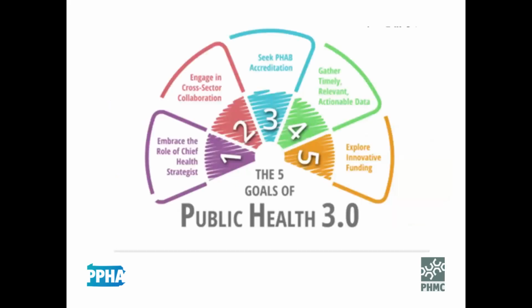The Public Health 3.0 report makes 5 recommendations for the implementation of Public Health 3.0. The recommendations describe changes that are needed to support local health departments as they work to transform governmental public health. We'll talk about each of the recommendations. The most important one is that first one, the Chief Health Strategist. That's the one we'll spend most of the time on.